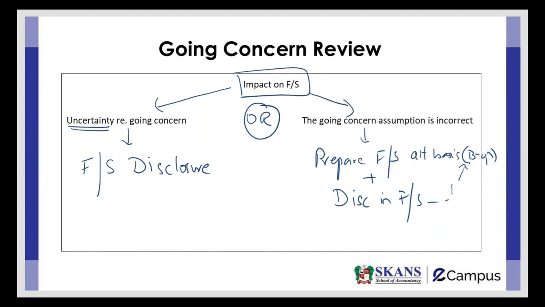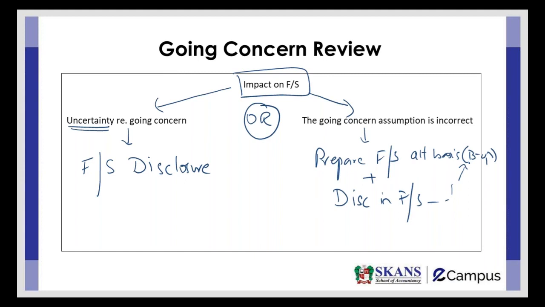I cannot show my assets at net book value anymore. I will have to bring them at market value, etc. Plus, after preparing financial statements on a breakup basis, I'll have to give a disclosure as well, that these financial statements have been prepared on a breakup basis.